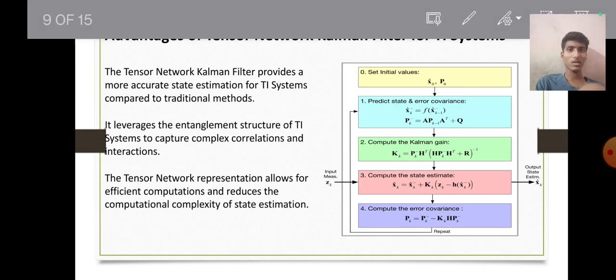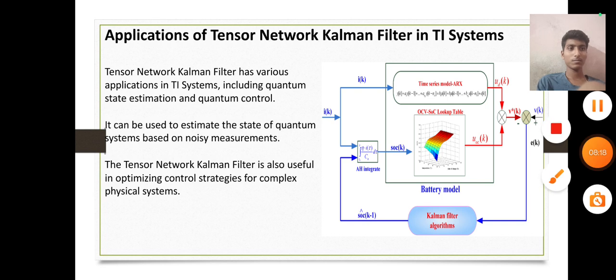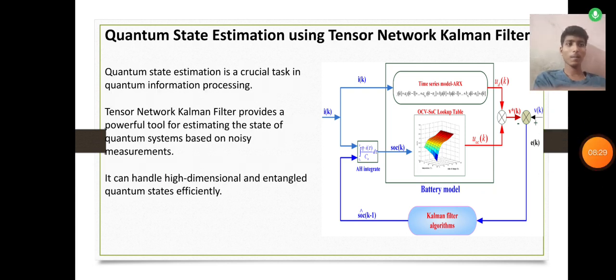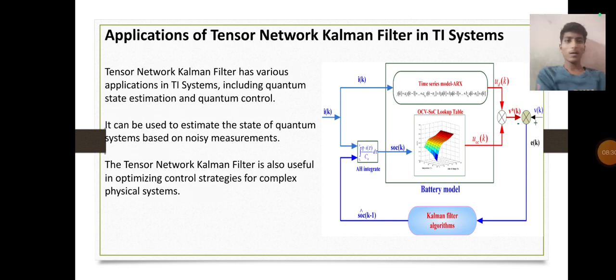We move on to the next slide. Applications of the tensor network Kalman filter in LTI systems. The tensor network Kalman filter has various applications in LTI systems, including quantum state estimation and quantum control.